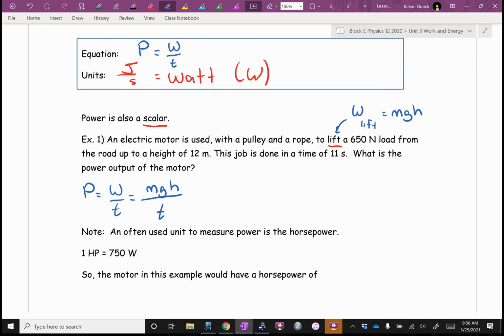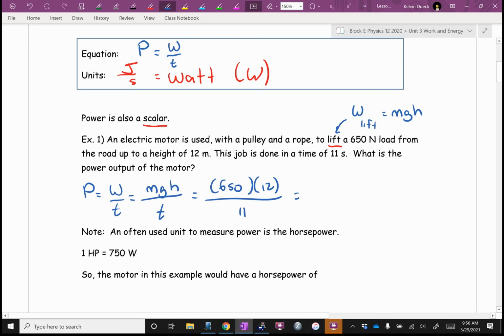What's that 6,650? Good, yeah. It's not the mass, because it's newtons. It's mg, so I can actually replace mg with 6,650. What's the height? What's the time?